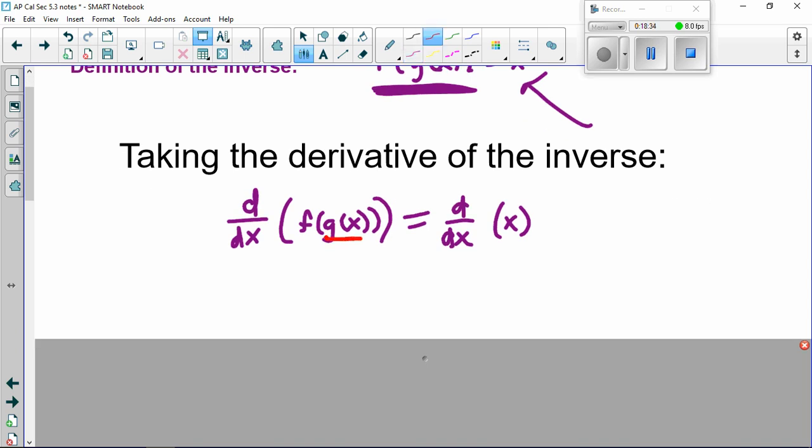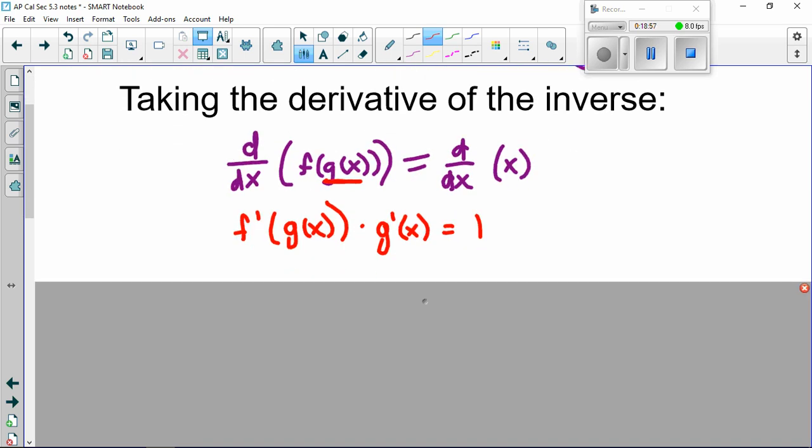Well, over here we have an inner function, so we have to use chain rule. So we have derivative of the outer, f prime, leave the inside alone, and then we do the derivative of the inner. And the derivative of x is just 1.